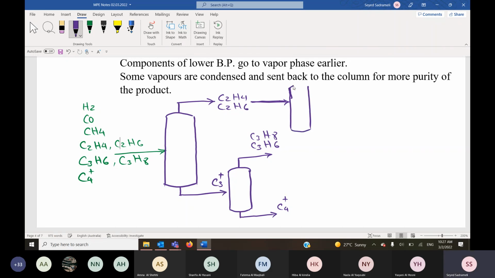For separation, the bottom will be C2H6, the heavier, and the top will be C2H4. This one also goes to another column.